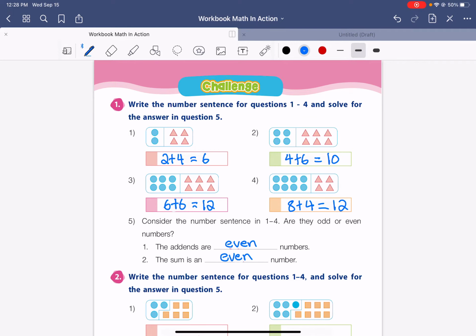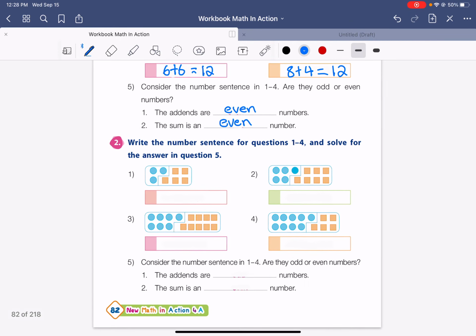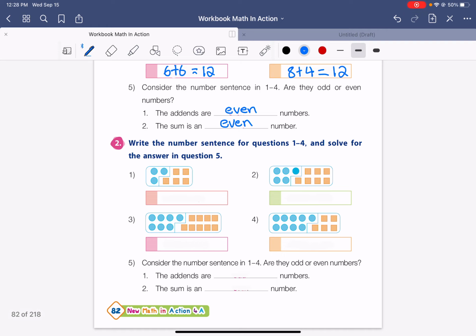Okay. Next, write the number sentence for questions 1 to 4 and solve for the answer in question number 5. So, next part, we have 3 circles plus 5 squares. And we get 8. 3 plus 5 equals 8.